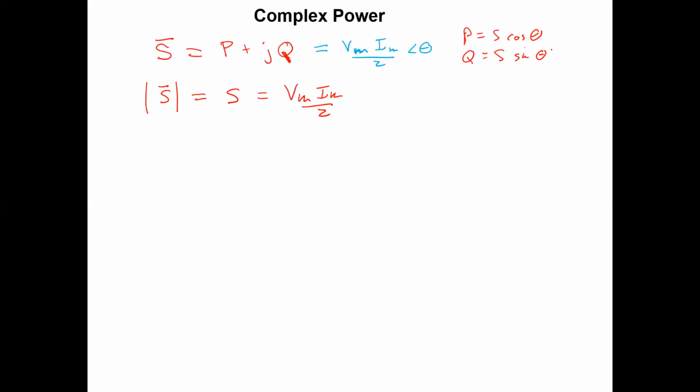And if we define V bar, the phasor of our voltage, as some Vm angle theta V, arbitrary phase angle, and our current as some Im angle theta I, and we have some impedance that they're driving, then the voltage across the impedance and the current going through it are related by V bar equals Z bar I bar, and I bar equals V bar over Z bar.